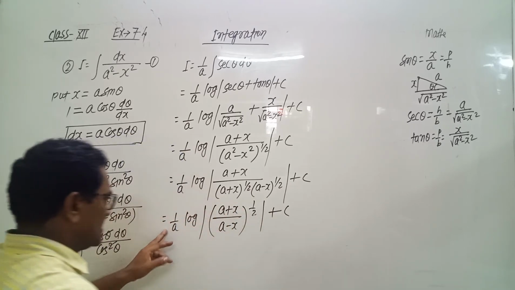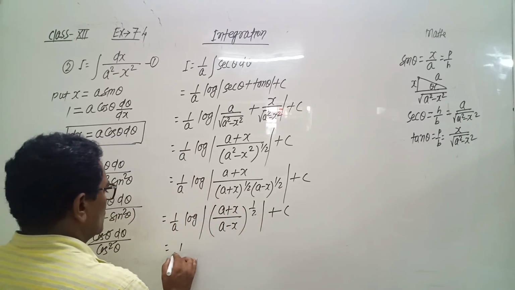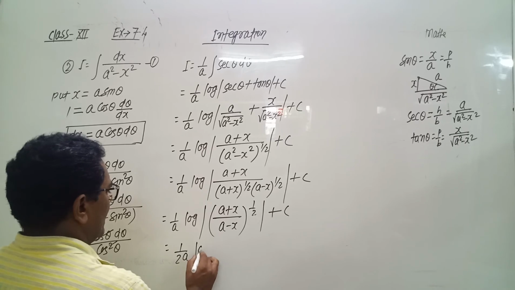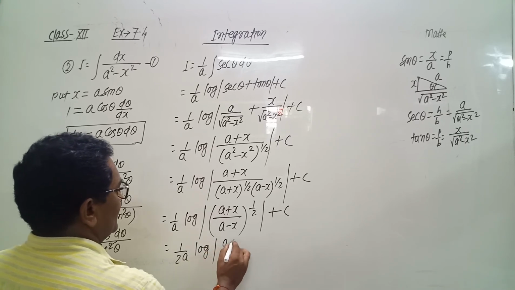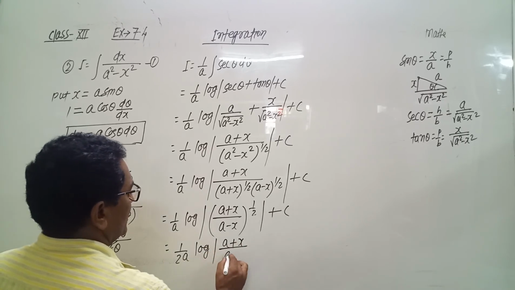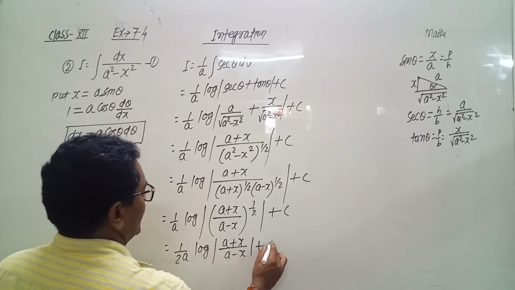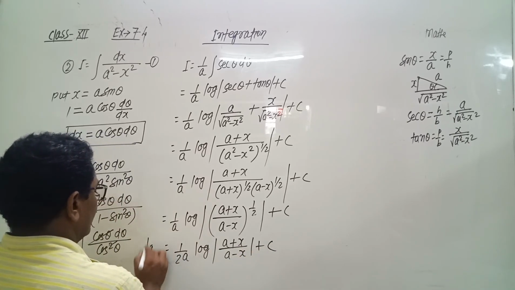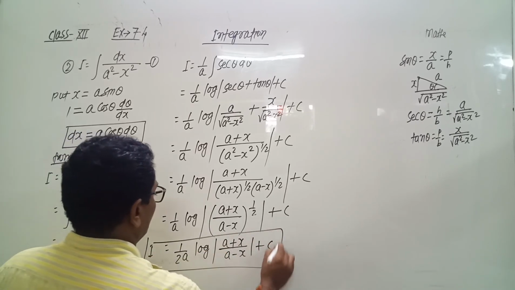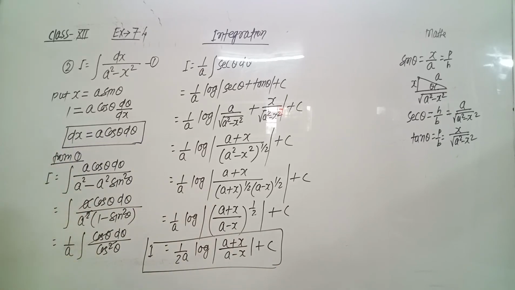Now the power comes to the beginning, so it becomes 1 by 2a log a plus x upon a minus x plus c. So this is the integral of dx upon a square minus x square, which is 1 by 2a log of a plus x upon a minus x.